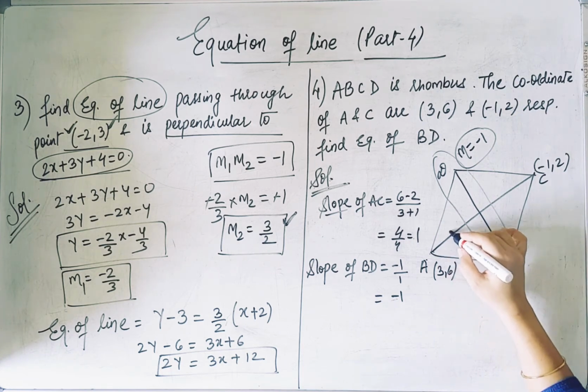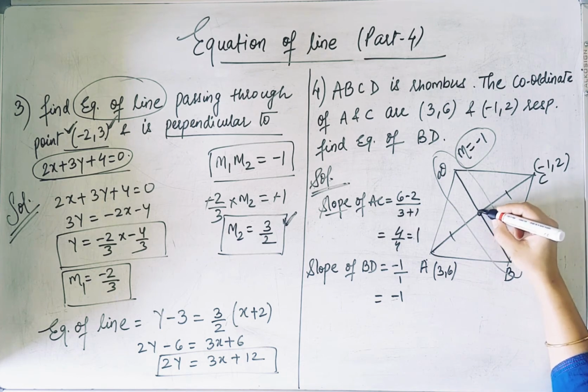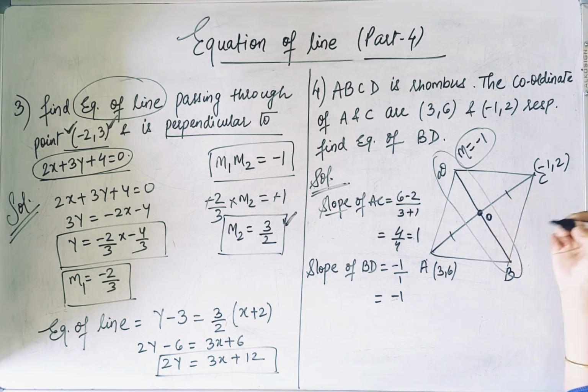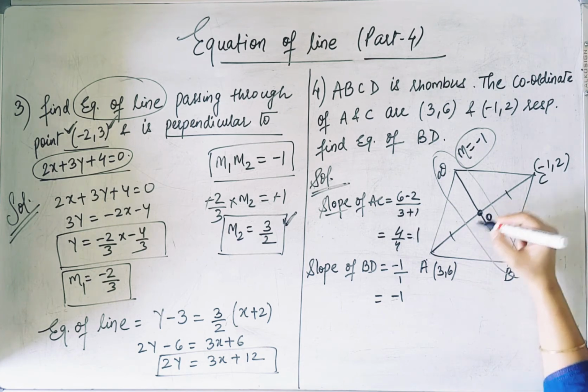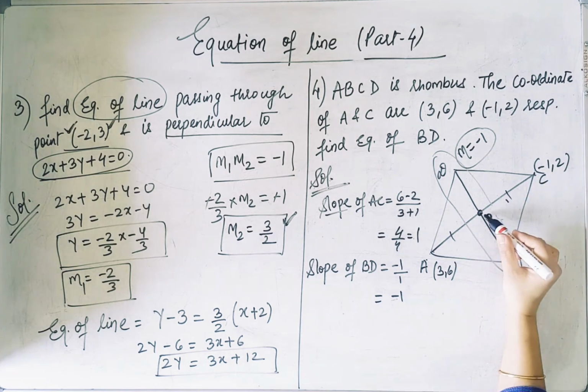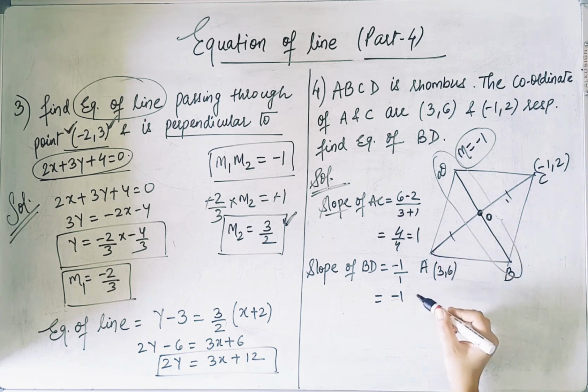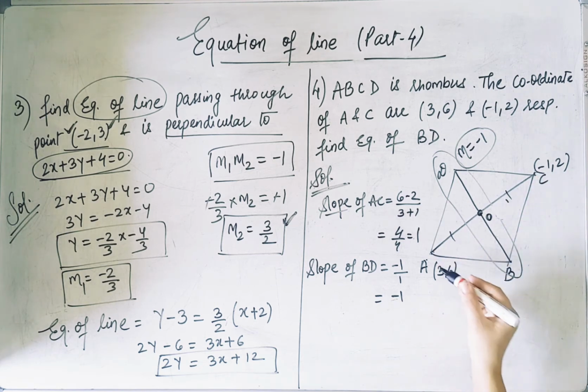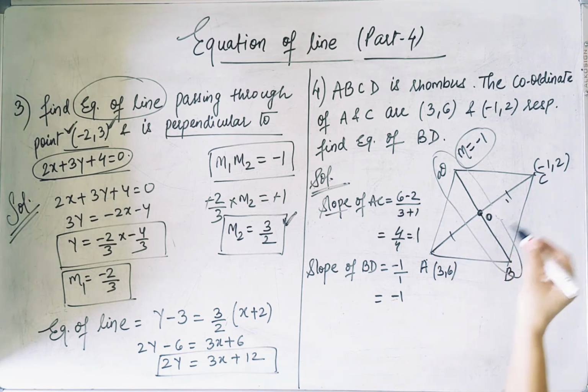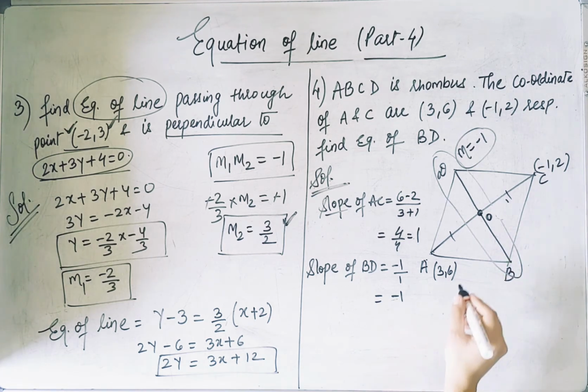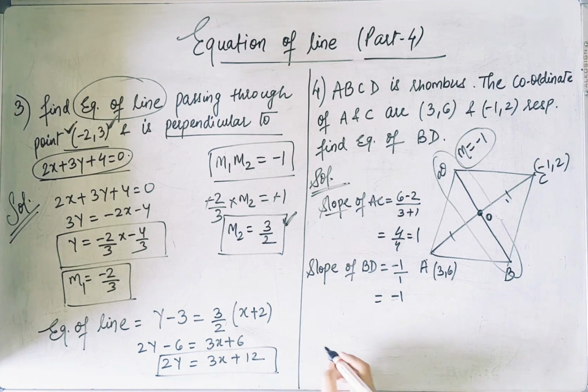So we know that diagonals bisect each other. If we get this point O, then what is this O? It is the midpoint of AC. What will be the coordinates of this point O? This O is the midpoint of AC. So we'll apply the formula x1 plus x2 by 2 and y1 plus y2 by 2. This formula we have already studied in coordinate geometry when I was discussing the section and midpoint formula.